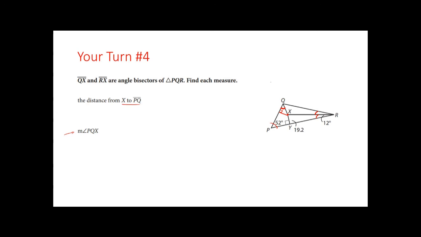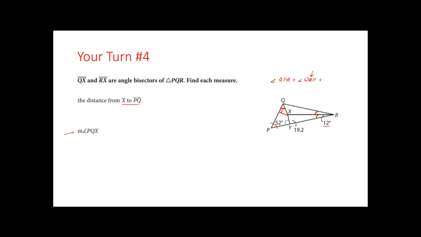And then, so basically, you're just going to have your measurement for QPR plus your angle of QRP. And don't forget, angle QRP has 2 angle bisectors, and they did give you one of them, okay?